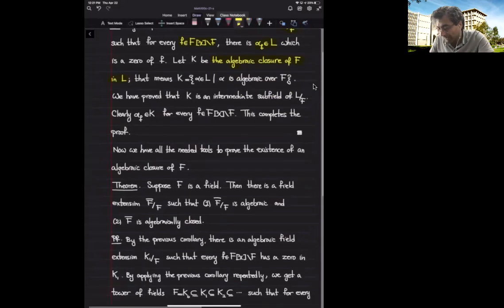In particular, for every non-constant polynomial f, the alpha sub f that we chose is algebraic because it is a zero of a non-constant polynomial, and therefore it belongs to K. So altogether, we get that K over F is an algebraic extension, and it does contain a zero of every non-constant polynomial in F[x].